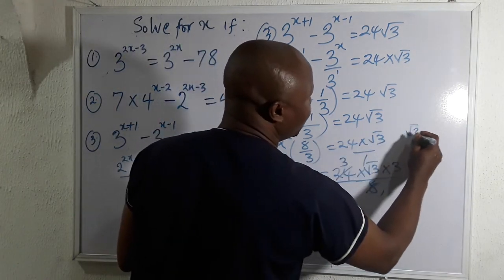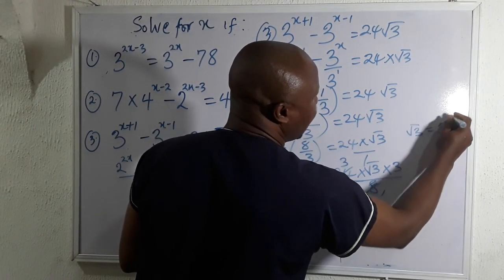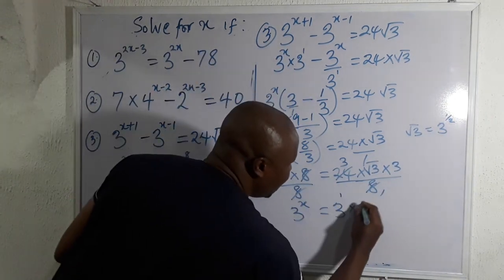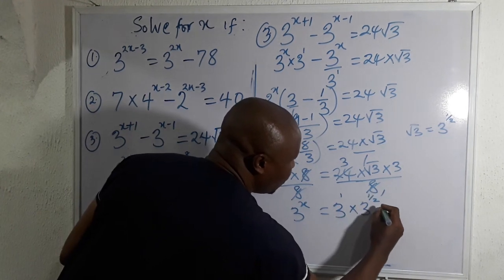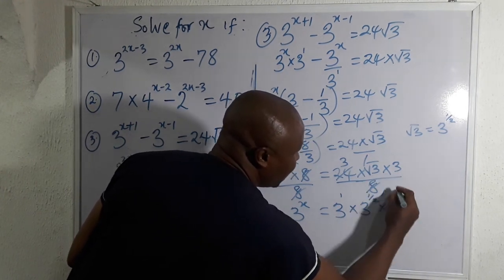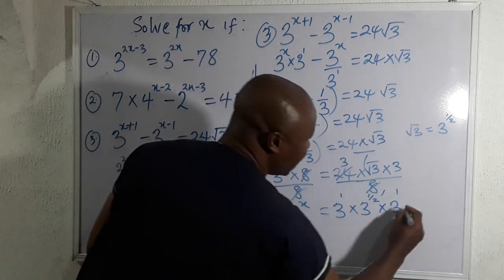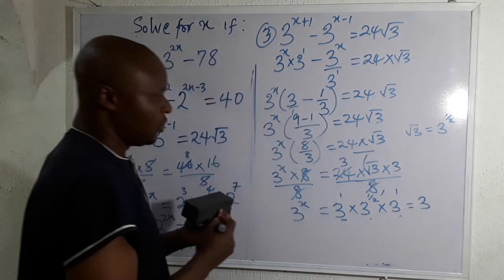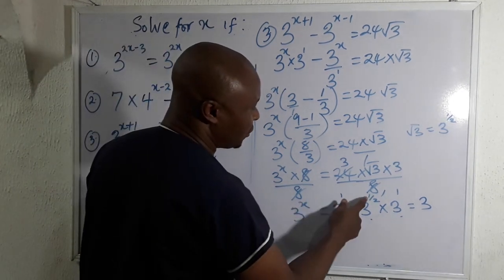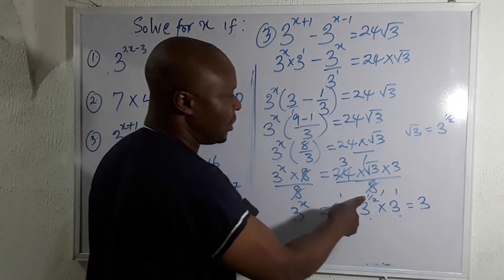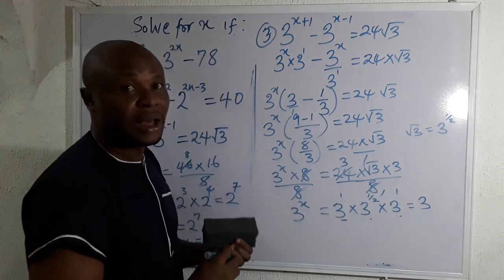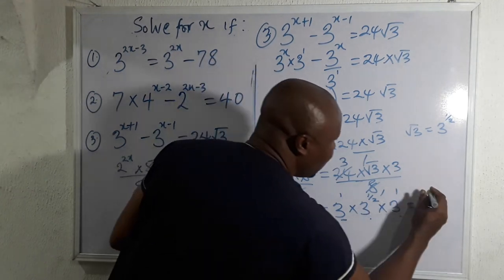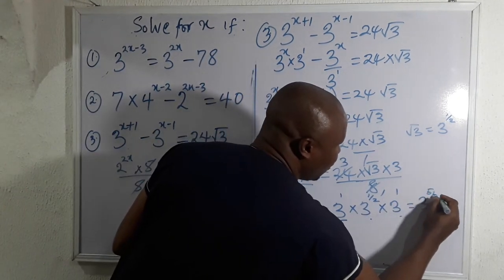In indices, root 3 is the same thing as 3 raised to power half, 1 over 2. So that will be 3 raised to power 1 over 2 times this other 3 raised to power 1. You can see again, the bases here are the same, so you can take 1. You add 1 plus half is 1 and half, plus another 1 is 2 and half. And 2 and half is the same as 5 over 2.